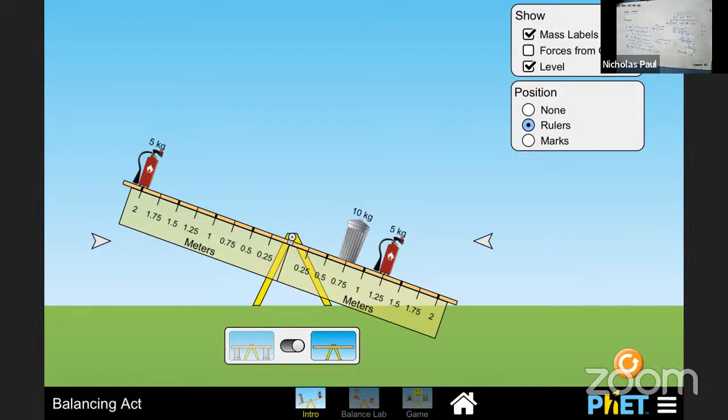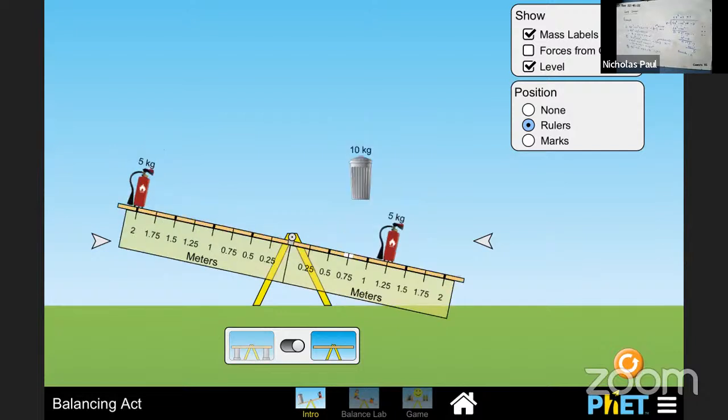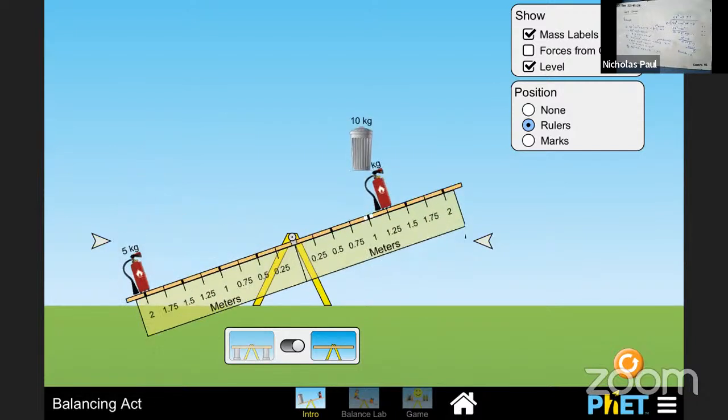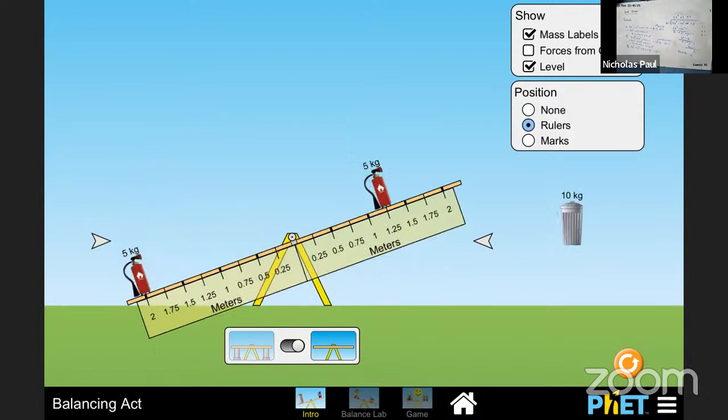Where do I put the 10 kilograms? So I have to put this somewhere on the right hand side. So you see where the two fire extinguishers are? I want them right there.